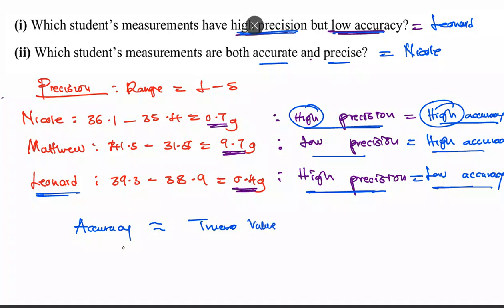When we talk of precision, we are talking about how close the measurements are to each other.